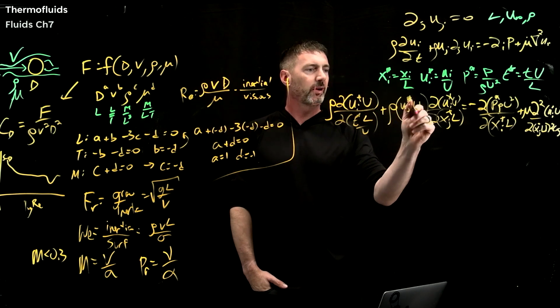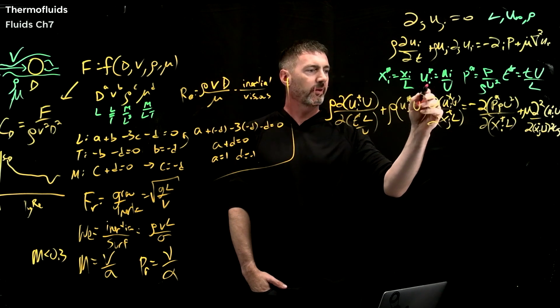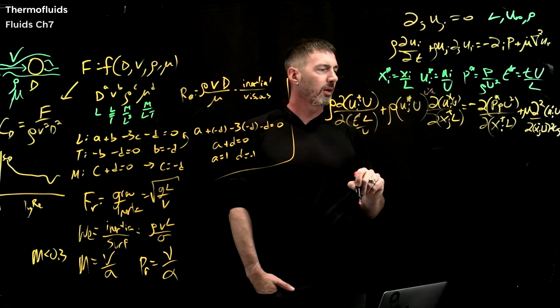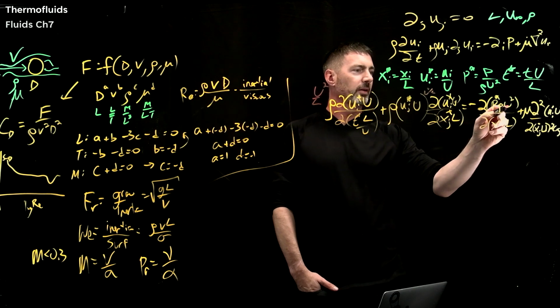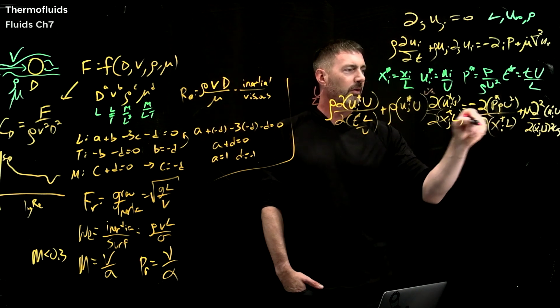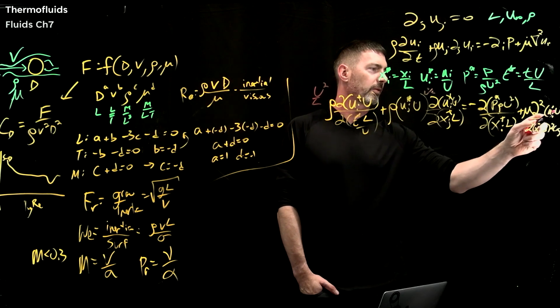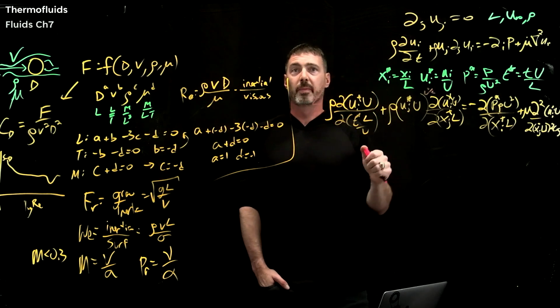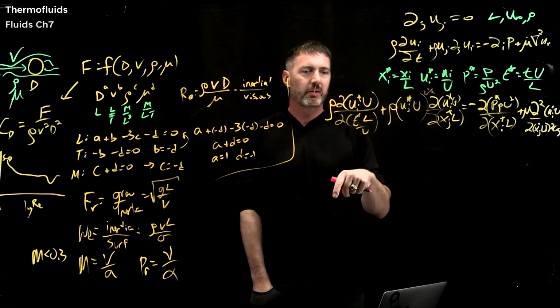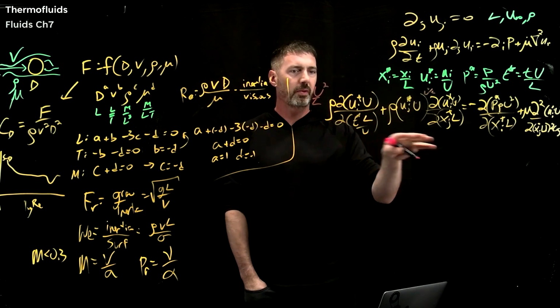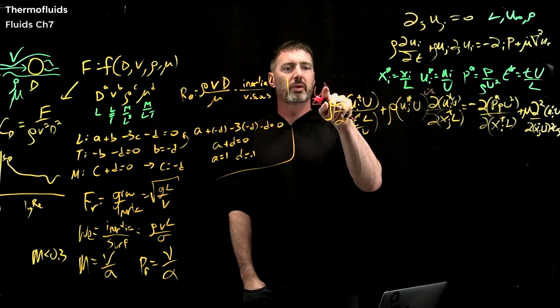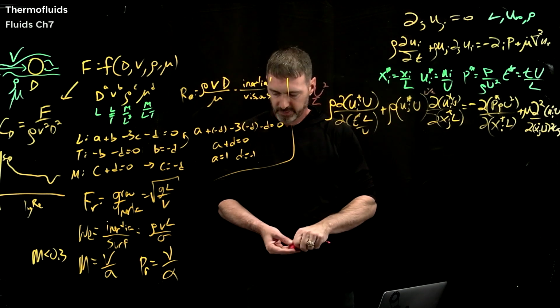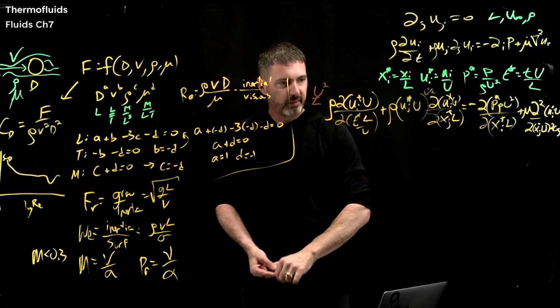Looks like over here you've got a u, there's another, so that's got a u squared over L. Come over here, that looks like it's got a u squared over L. And then over here, there's a u over L squared. So what we'll now do is divide the whole thing by rho u squared over L, and see where that ends up.